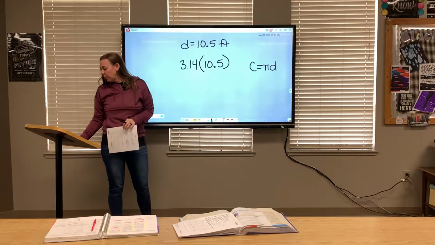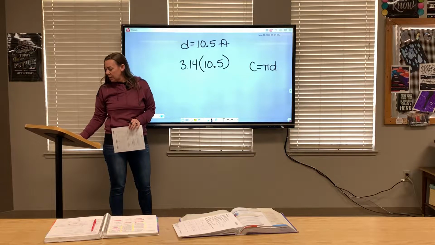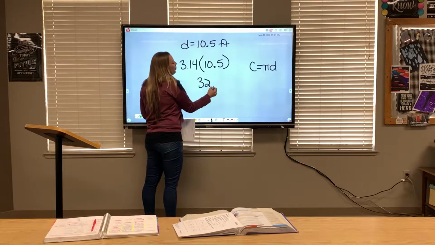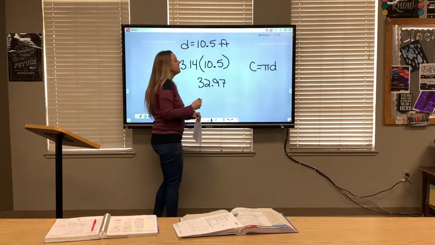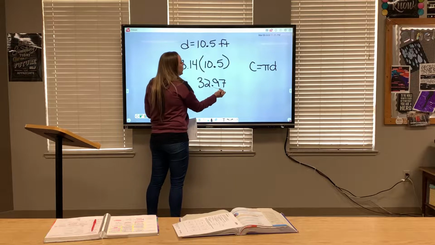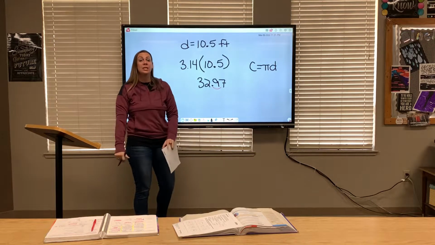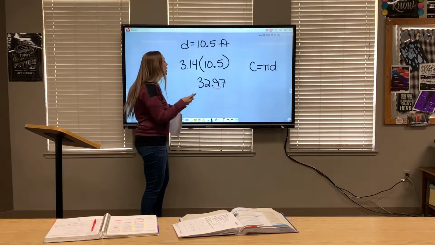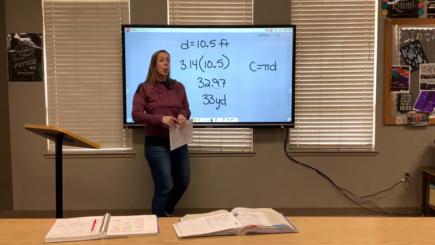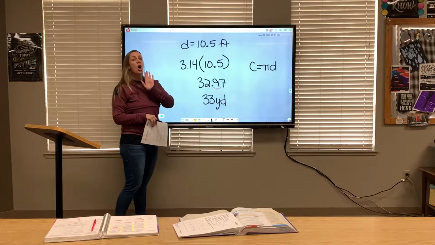So I have 3.14 times 10.5, which is going to give me 32.97. Now, I do have to round to the nearest whole number. So again, I'm going to look at this number right here. It is a 9, which means I'm going to round up. So I'm going to have it as 33 yards. Okay, there's my circumference. Awesome.